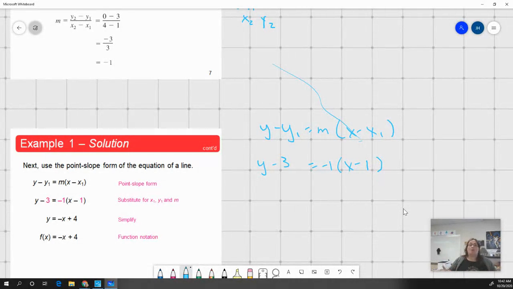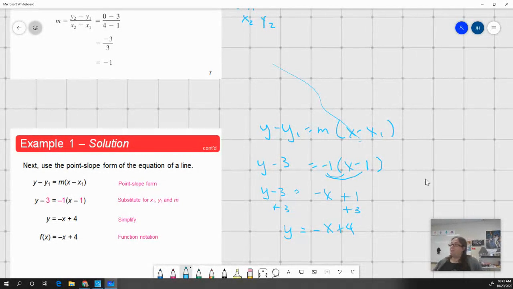And when I solve for y, I get that y equals mx plus b that I'm looking for, or that f of x equals mx plus b. So I would have y minus 3 equals, and I'm going to distribute, negative x, distribute, becomes plus 1. I'm going to add 3. I'm going to add 3. And I get y equals negative x plus 4.